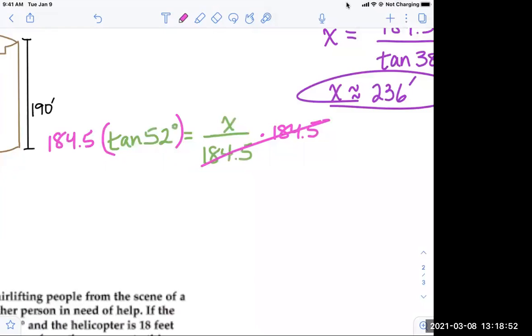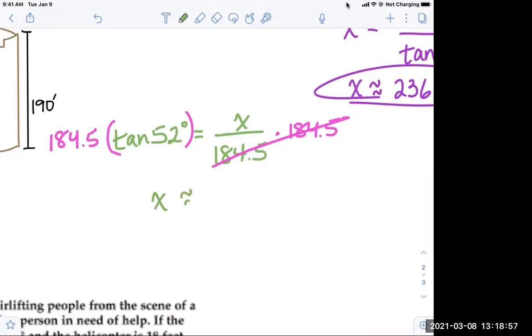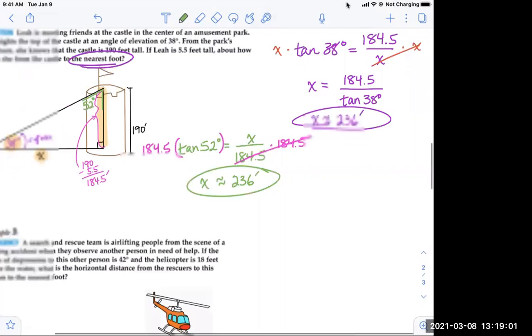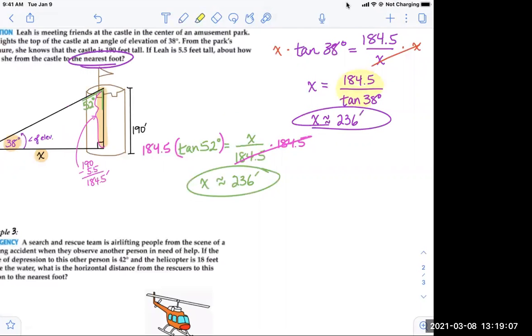Now the question that I have is, why do you get the same thing when you compare 184.5 divided by tangent 38 and 184.5 times the tangent of 52? Why do those give you the same answer?